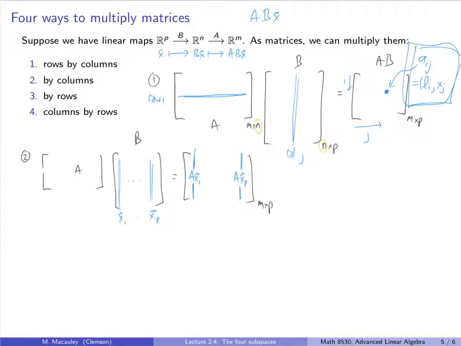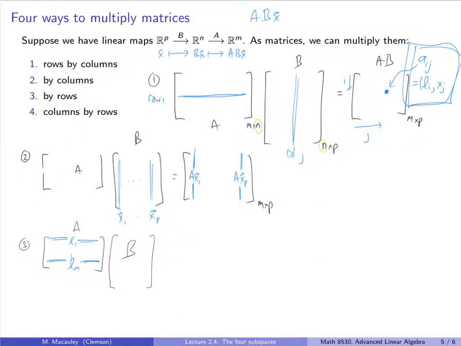Now, you can do the same thing, but by row. So you can fix B and look at the rows of A. So if you do that, then here is A. Again, I'm drawing this smaller and smaller as I'm going through because I want to make sure that I have room. And this is B. So think about A as, so I'm going to call these L1 because I want to think about these things as linear scalar functions, and rows are scalar functions.